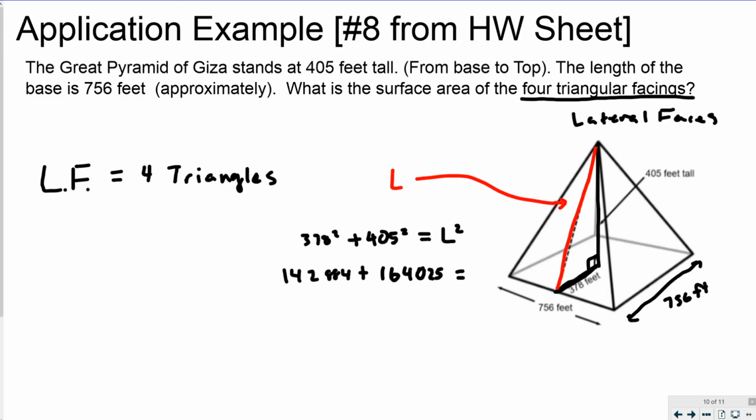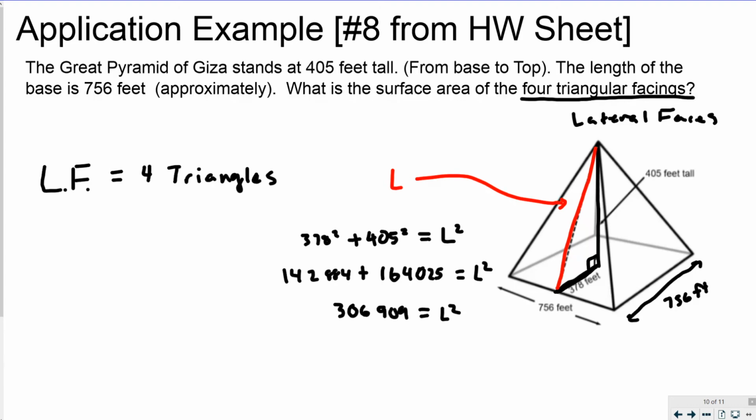And that's equal to L squared. So if you combine 142,884 plus 164,025 on the left side of the equation, you get 306,909, and that's equal to L squared.